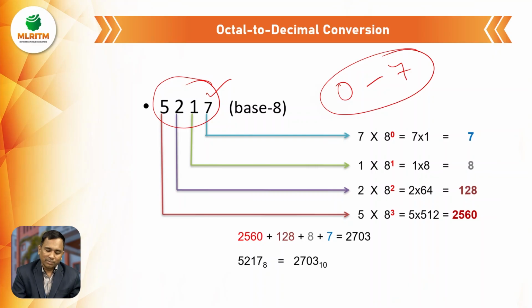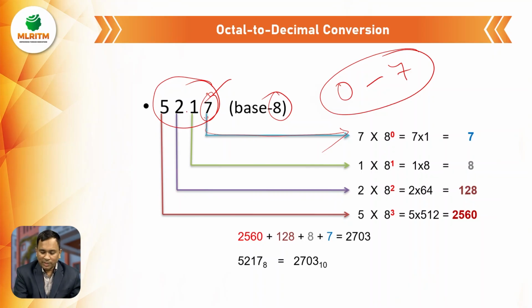In the previous example, I took the base value as 2. Base 2 indicates a binary system. But in this case, I'm taking base 8. Base 8 indicates an octal system. Octal indicates 0 to 7. Same thing here, 5217 is the octal number, and this is the LSD, least significant digit, and here the value is 7 into 8 power 0. So why am I taking 8? Because my input number is an octal number.